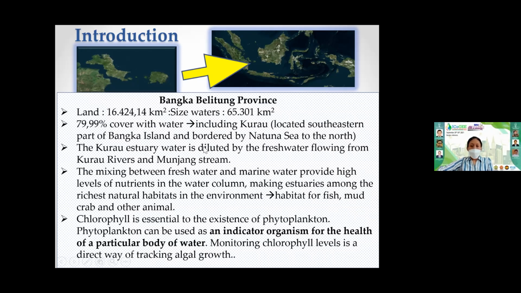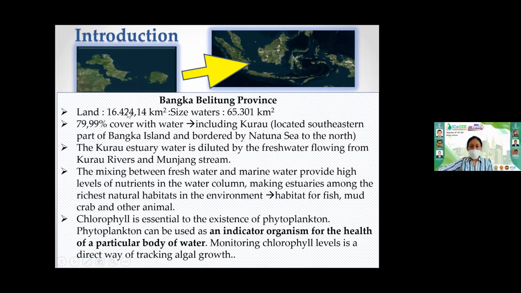I believe that some of the researchers here are familiar with Kurau Island and Kurau waters. The Kurau estuary water is diluted by the fresh water flowing from the Kurau river. This is Bangka Belitung province, and Kurau is about here.